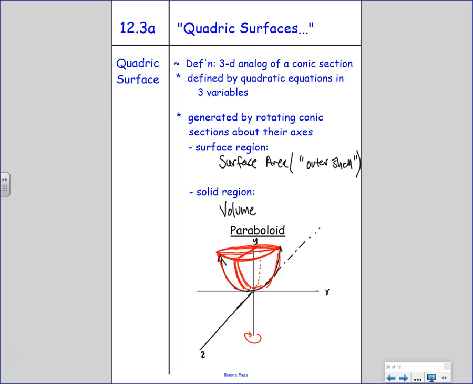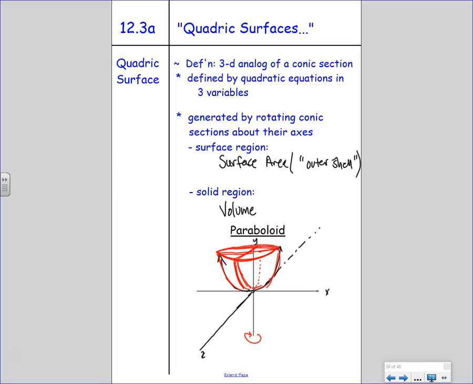So I took the two-dimensional parabola and I spun it. And as I spun it, what was formed? Kind of like a bowl, right? But technically what we call that snazzy bowl? Paraboloid. What did I rotate? Pause. What's so special about the y-axis, and why did I rotate about it? For that parabola, what was the y-axis?